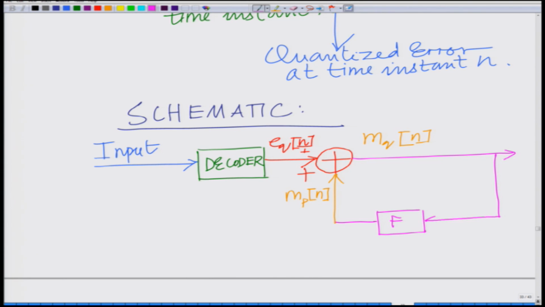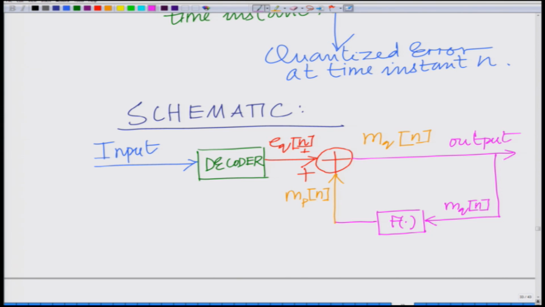You take in L past samples of MQ of n, and so this is your output.